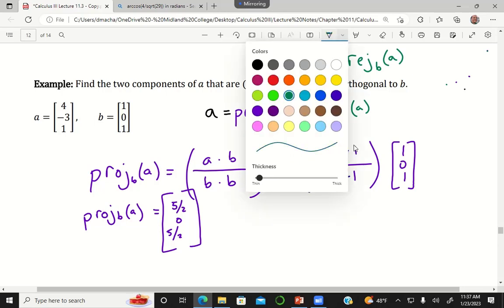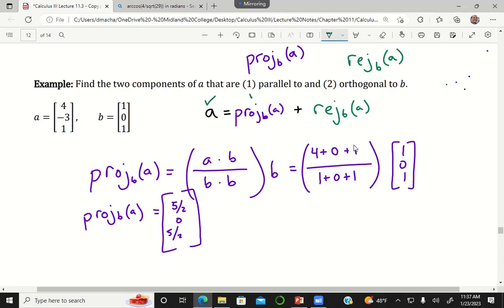Okay, so at this point, I know my A vector. I know the projection of A onto B. So to find the rejection of A from B, this is just going to be my A vector minus my projection vector.